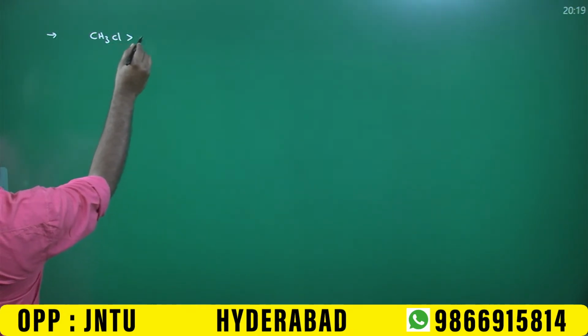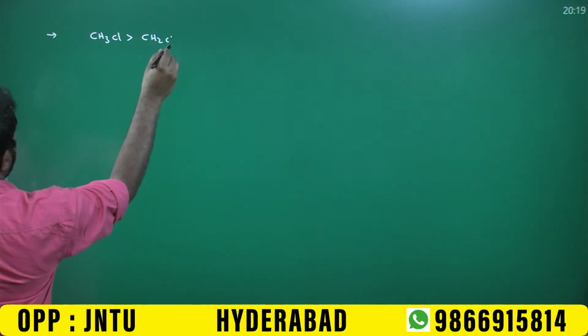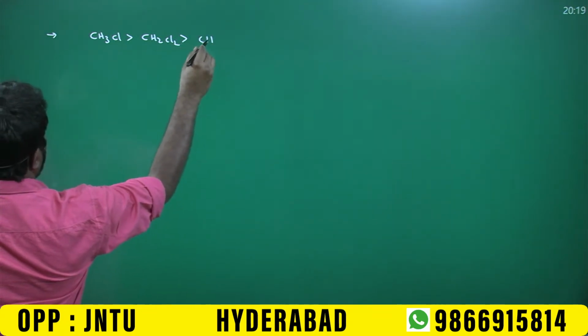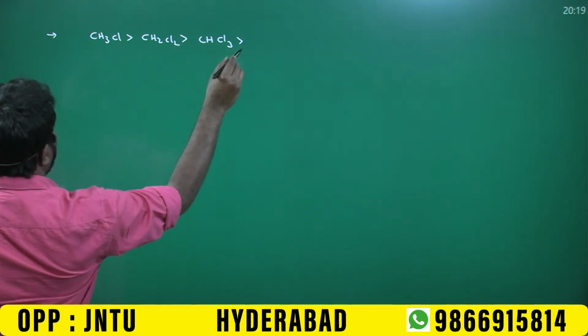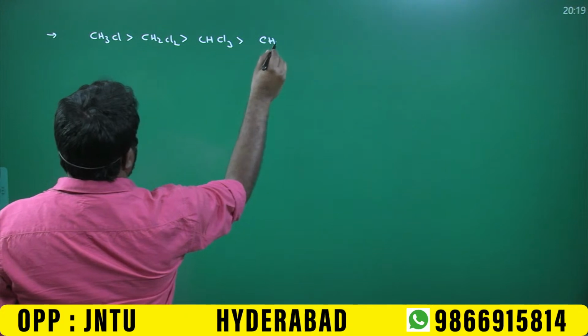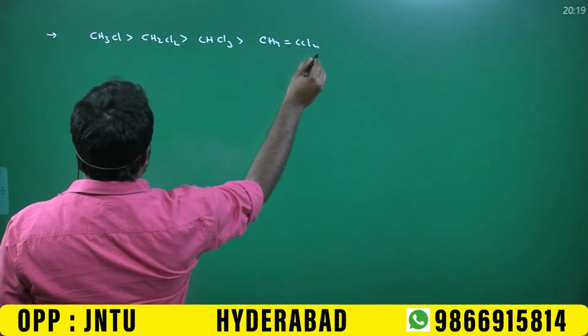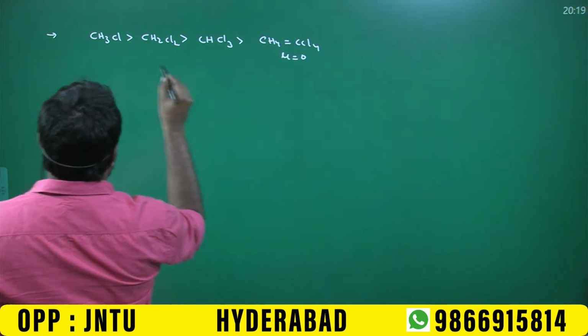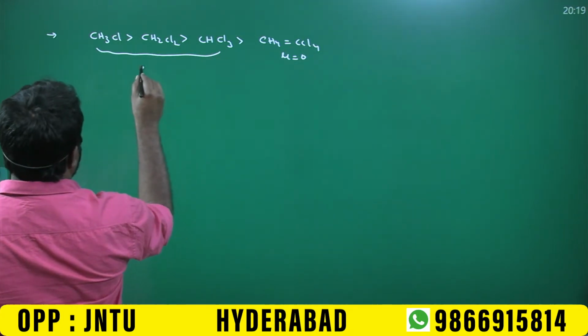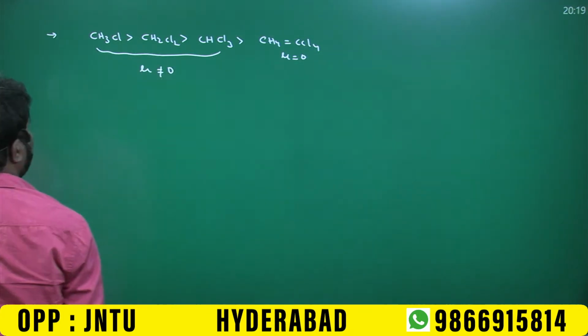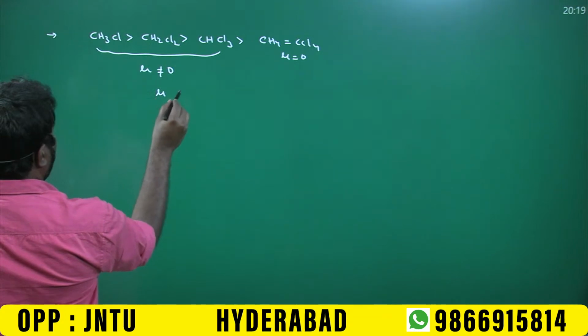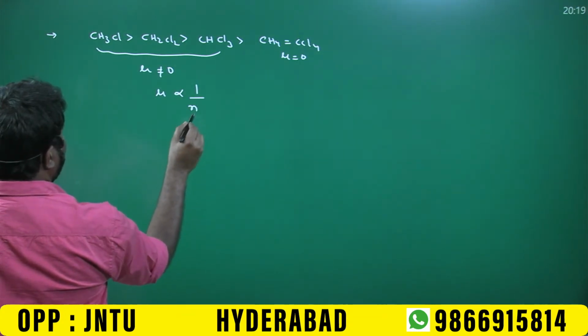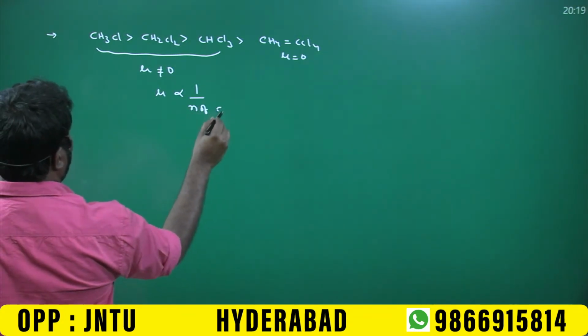CH3Cl greater than CH2Cl2 greater than CHCl3 greater than CH4 equal to CCl4, where dipole moment is 0. For these three molecules, dipole moment is not equal to 0. It means dipole moment decreases with increase in number of chlorine atoms.